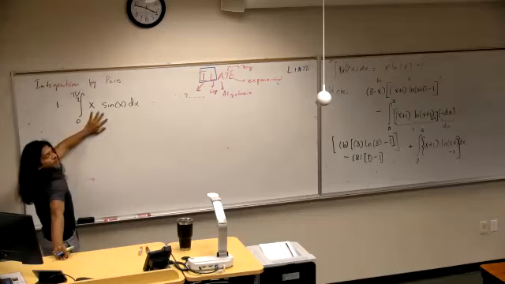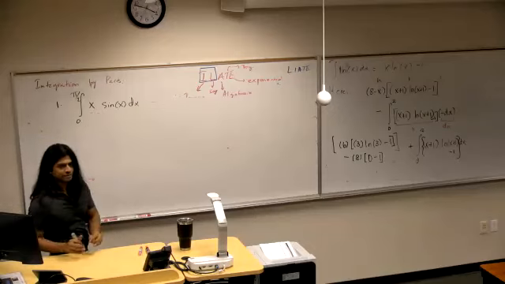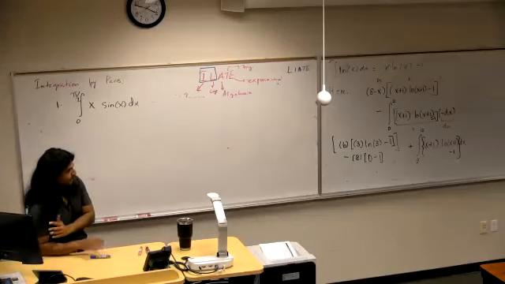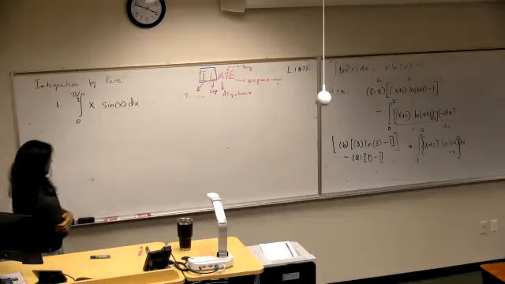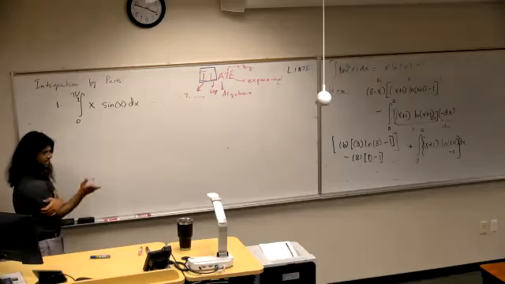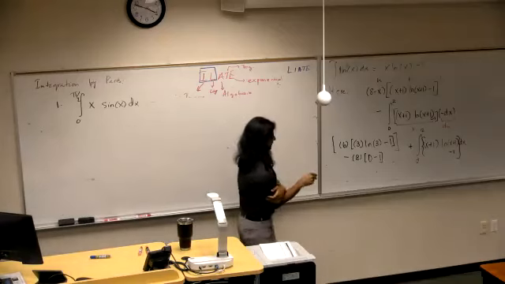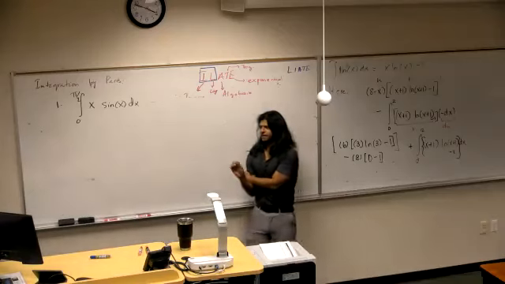Do we have two parts, two functions? Yes or no? Yes, you do. Caleb, what are the two functions? x and sin x. One is x, the other is sin x, right? So there are two functions multiplied together.